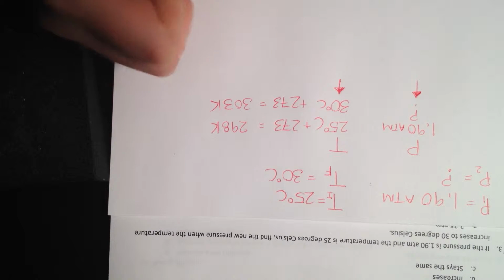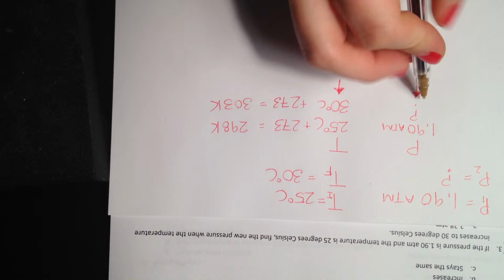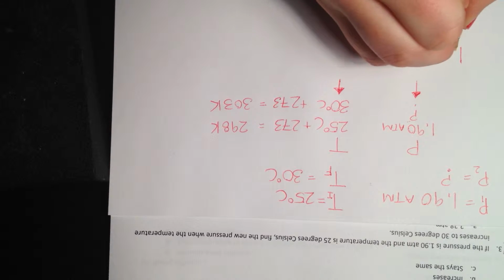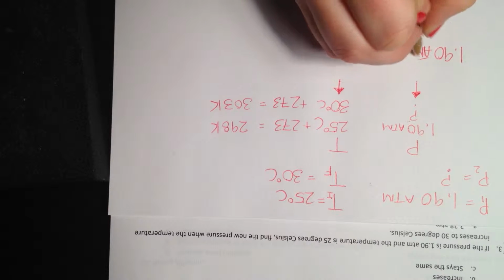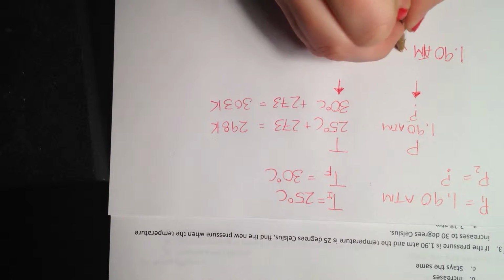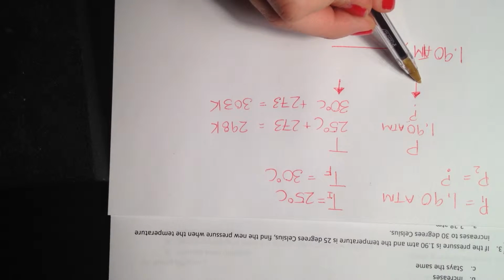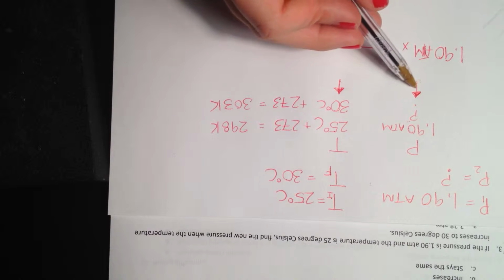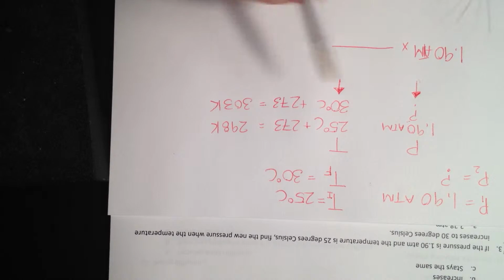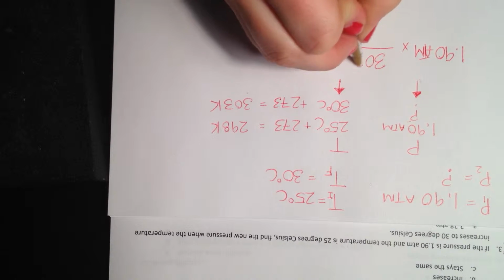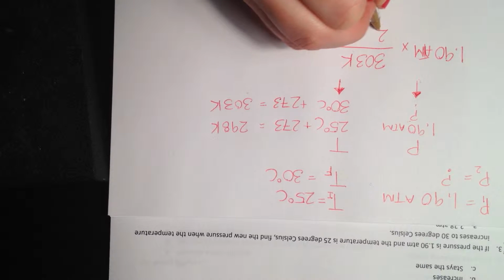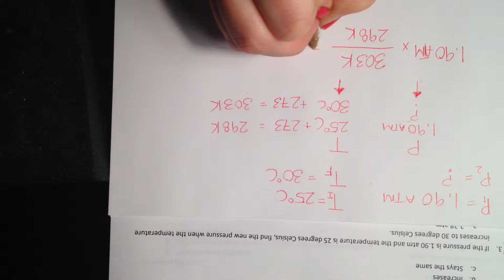Okay, now we're ready to set this up. You want to start with pressure. And if our pressure is going to increase, we need to make it increase by putting the larger temperature on top and divide by a smaller number.